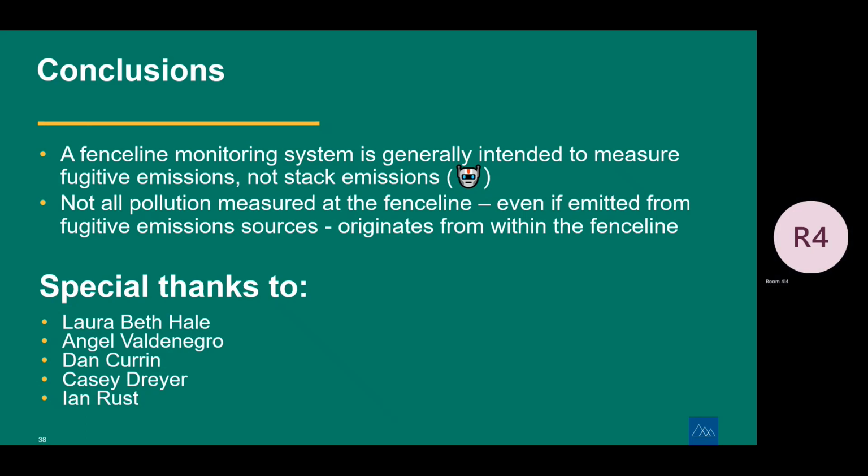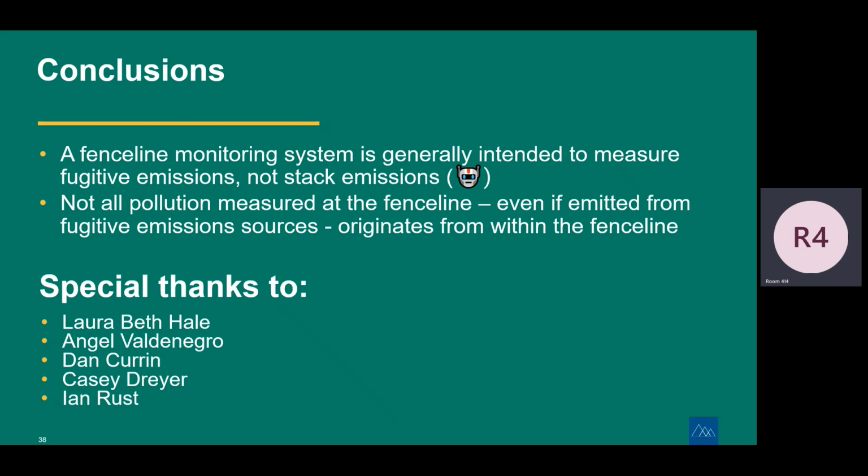But there's the potential to measure offsite emissions at the fence line. And so care should be taken when evaluating data collected at the fence line and not make assumptions about where things originate from.